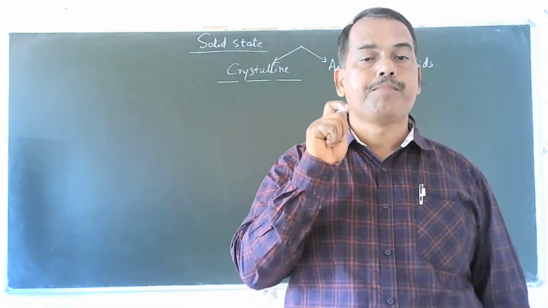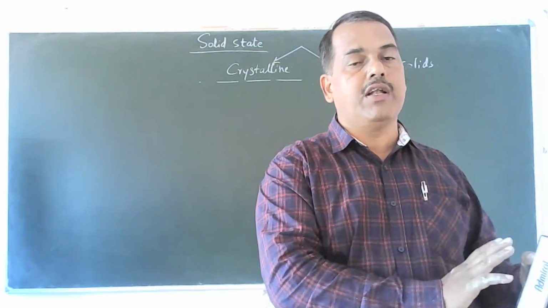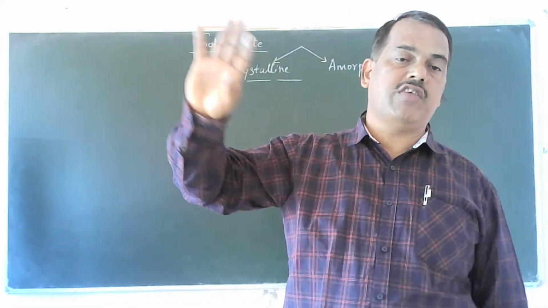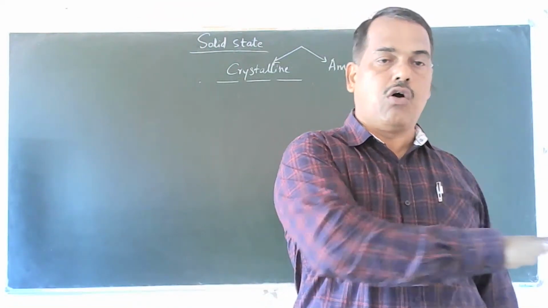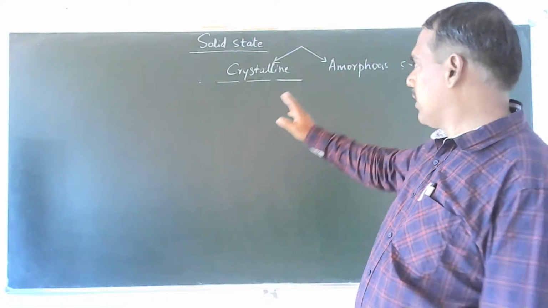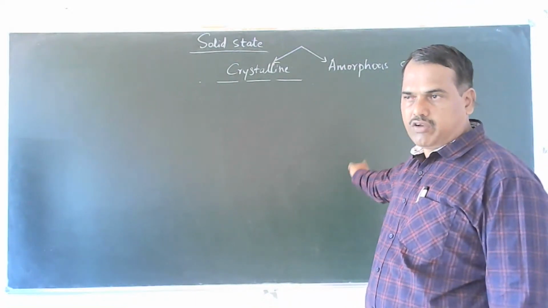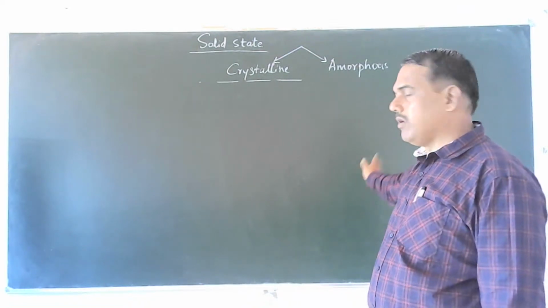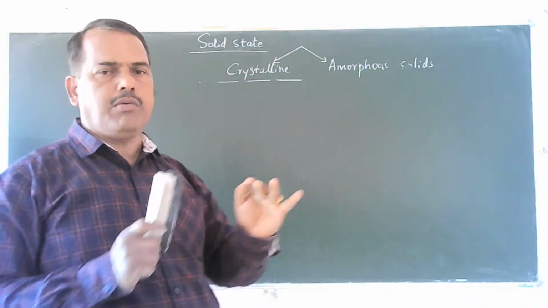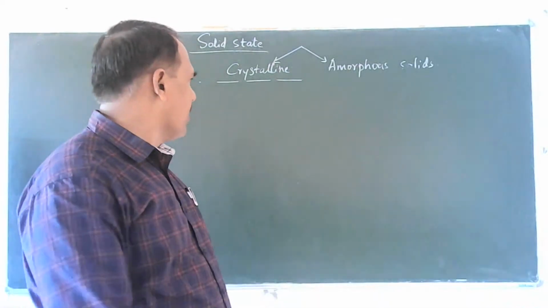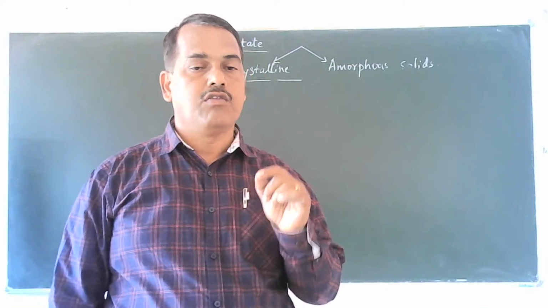Crystalline solids have long range order and amorphous solids have short range order. For melting point, crystalline solids have a sharp melting point, and amorphous solids melt over a range of temperature, a difference of 5 to 10 degrees centigrade. Okay, I will repeat again.